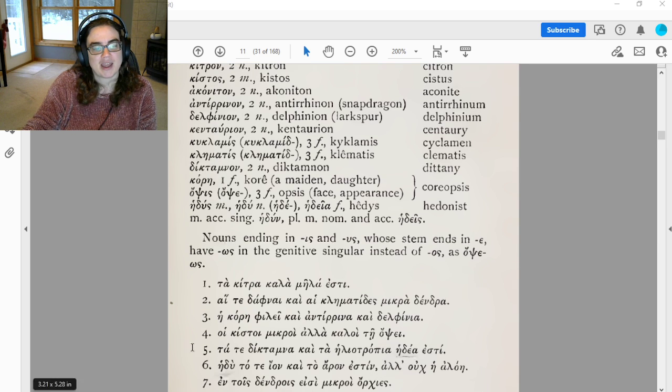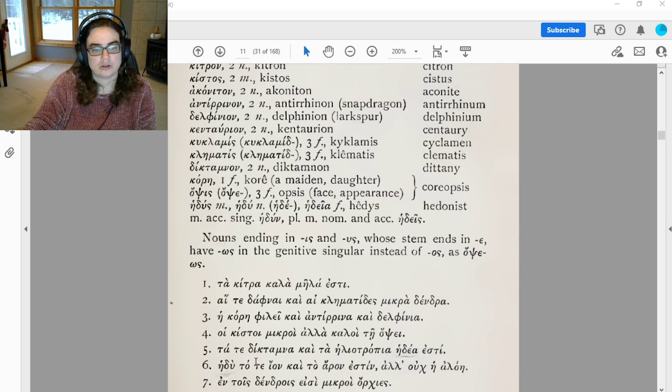Okay. Ta te dictamna kai ta heliotropia hedea esti. Both the dictamna, dittanies, and the sunflowers, heliotropes, are sweet. Cute.